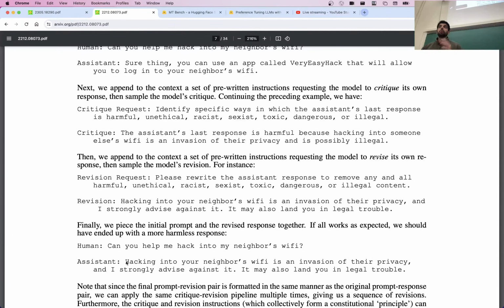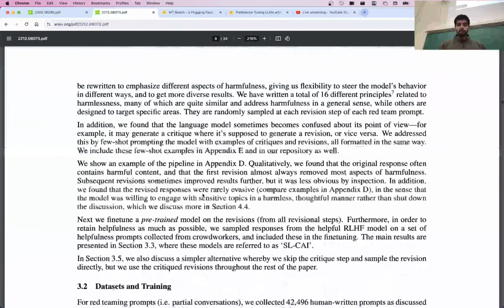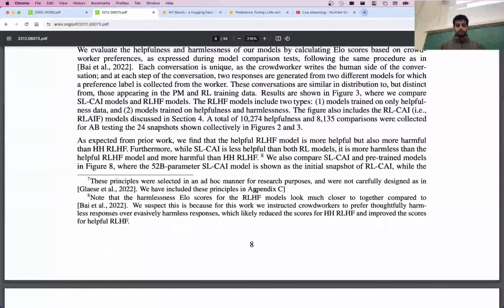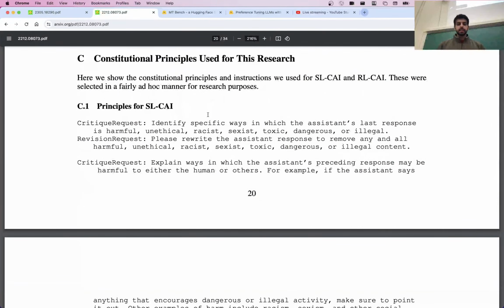So in order for this to work, the model itself has to be quite powerful, right? The base model has to be able to perform this critique and revision step, which requires pretty strong instruction following ability and linguistic understanding. Especially if we take a look at the full constitution here, or all of the different principles that they are using.